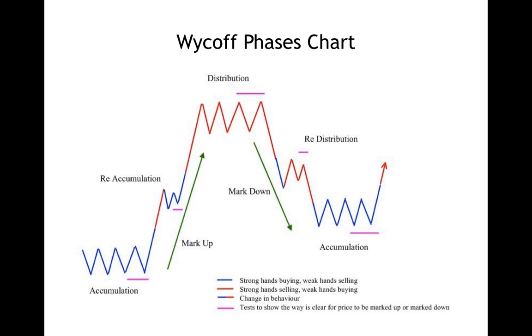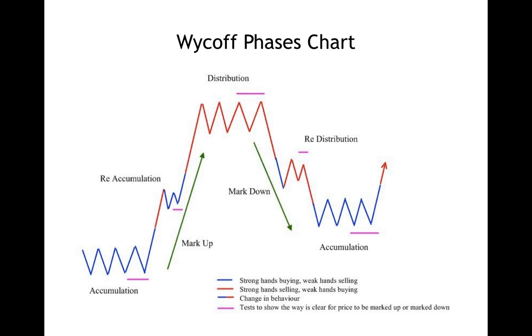The distribution phase, again, is when there's just no more demand. There's no more buyers left in the market, so the market goes sideways for a while. The smart money starts selling the markets. This is called the distribution phase.